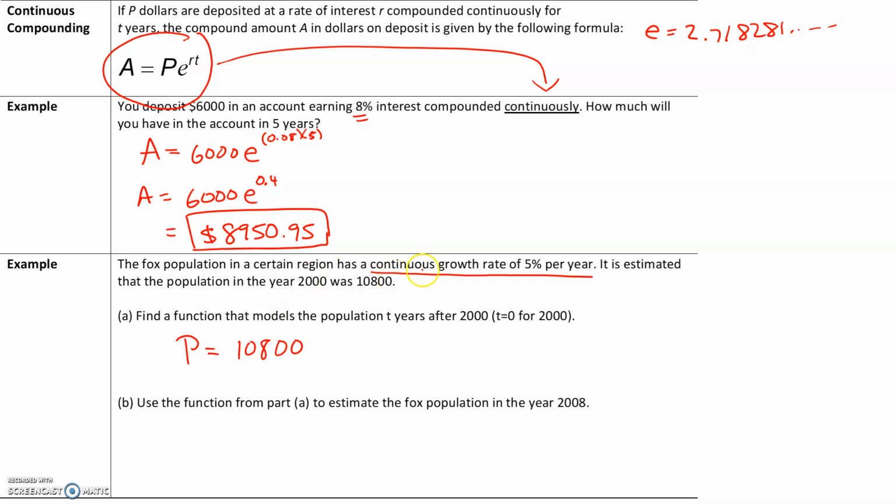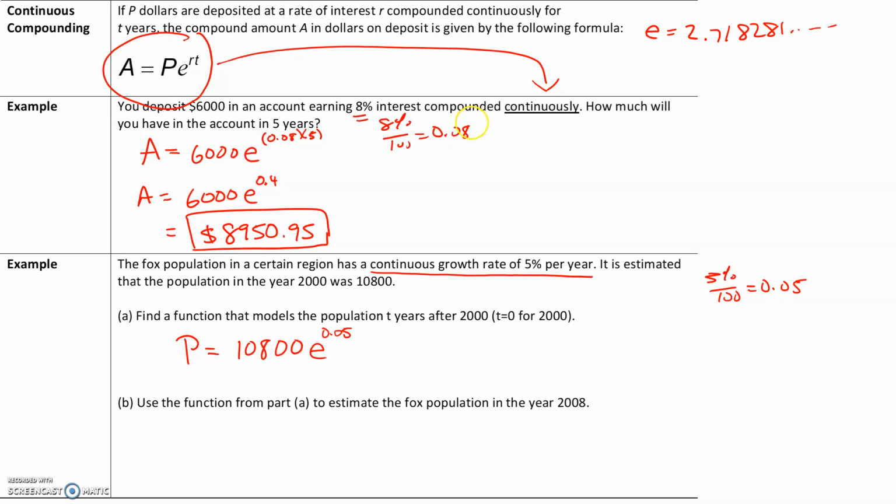Times, and because we have a continuous growth rate, it's going to be e raised to the power of r, which is 0.05. You divide 5% by 100 to get 0.05, just like over here, we take 8% and divide that by 100 to get 0.08.